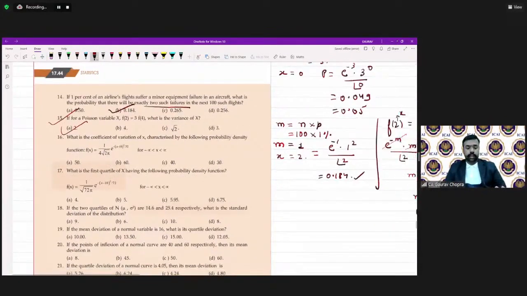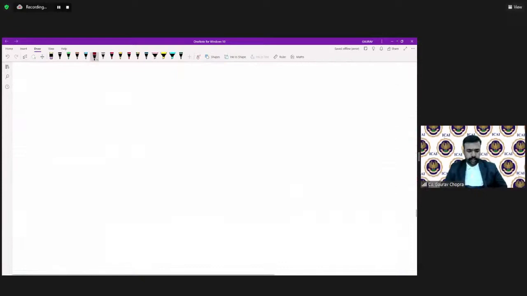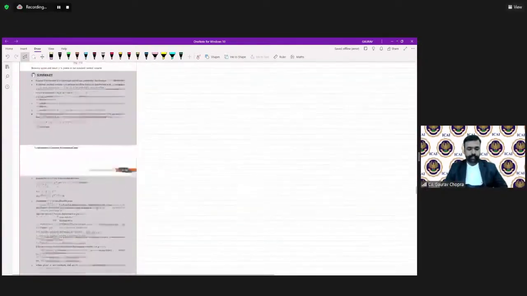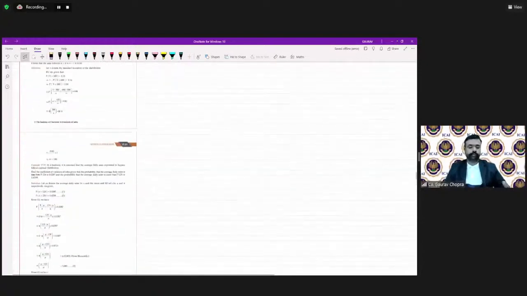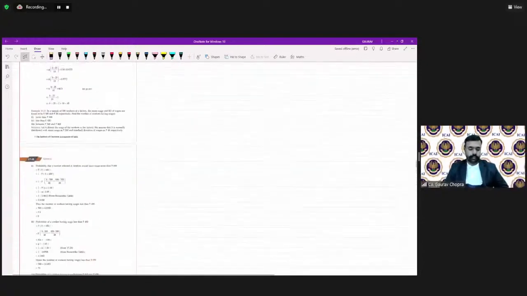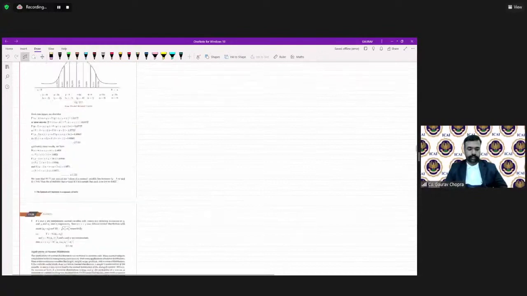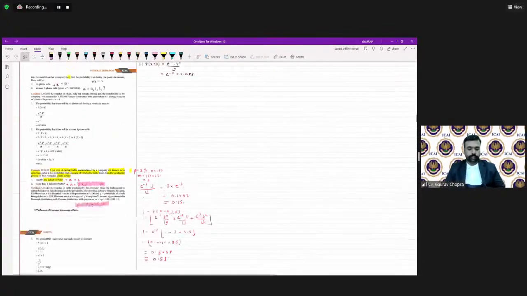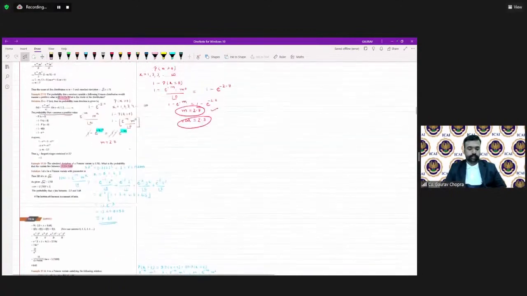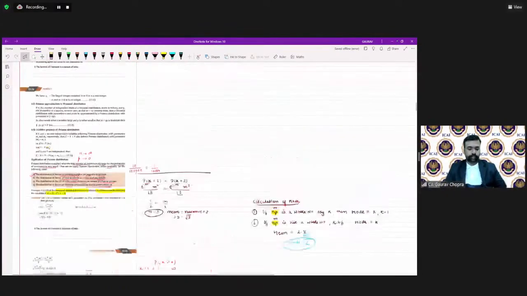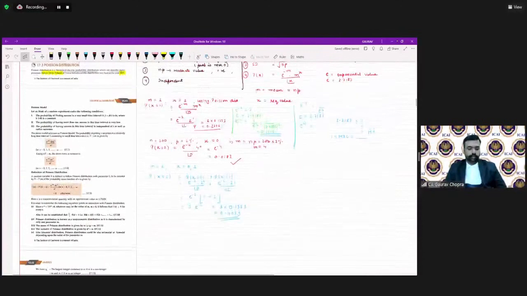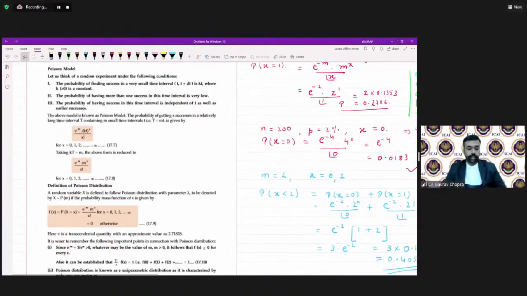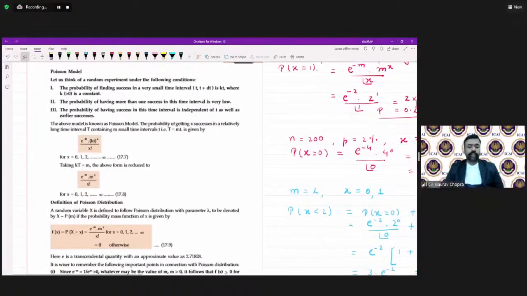Now let me take some of the theoretical concepts from this beginning part. Yes, so this is the theoretical part, the Poisson model.